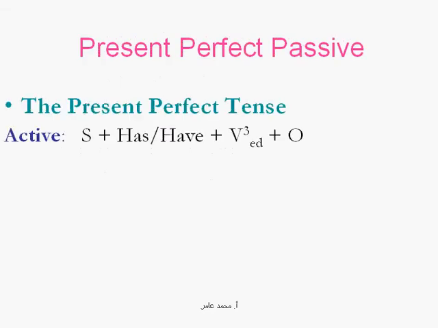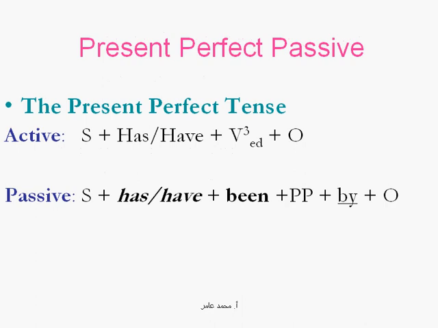Present perfect passive. The present perfect tense in the active voice: subject plus has or have plus the third form of the verb plus the object. As we said before, we change the object into subject, and we change the subject into object, and we use has or have been plus the past participle of the verb.